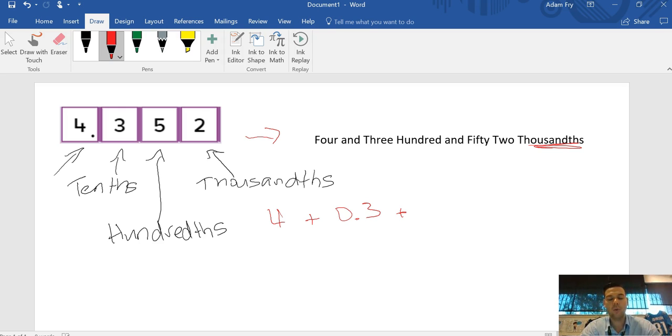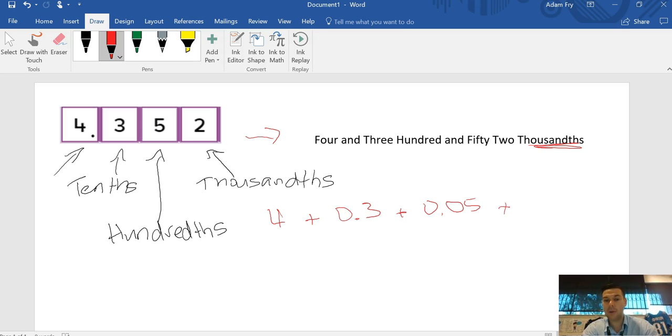Then we need to add on what comes next. Well, we've got the hundredths, and that's a value of 5. So our decimal would look like 0.05 because it's the second decimal place. That's why we put a 0 here to represent the tenths column. We've already done the tenths, which is a 3. Now we've got the hundredths, which is a 5, and we just put a 0 there.